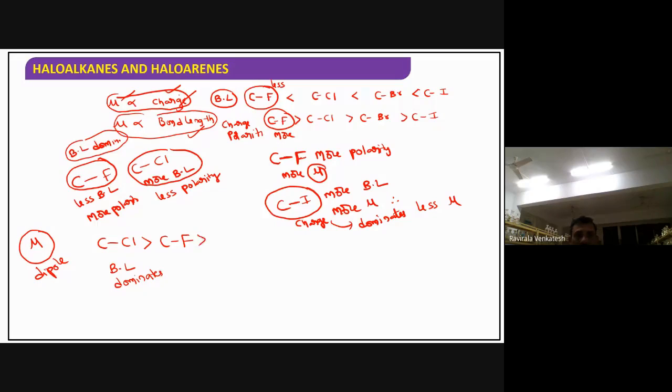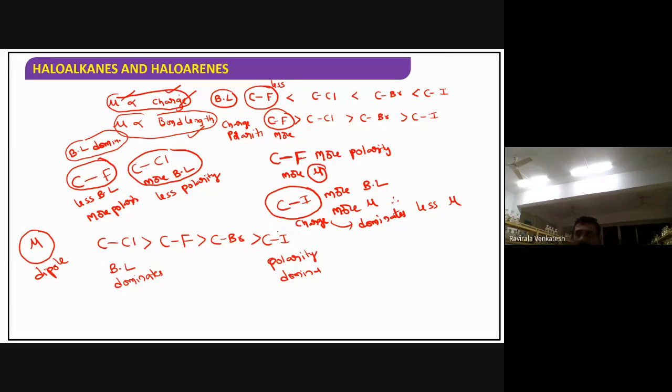After this, C-Br, then C-I. Now in this case, it is dominated by charge. Charge is nothing but polarity. Polarity dominates, and because of less polarity, there is less dipole moment here.